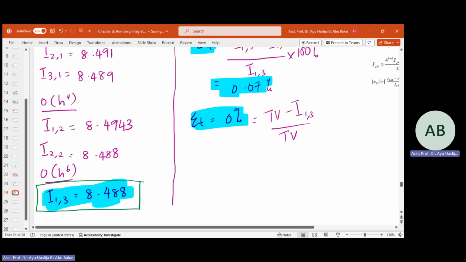Just now we had calculated also the true value, which is the same as I13. So you will get your ET, the final value will be 0%.